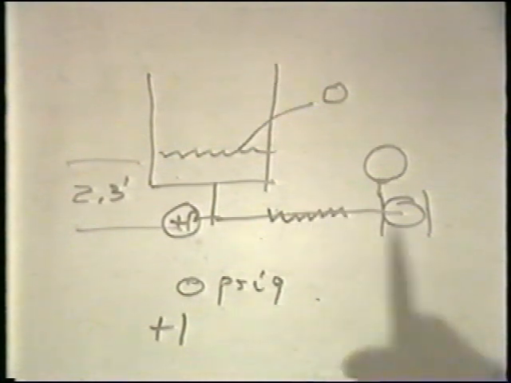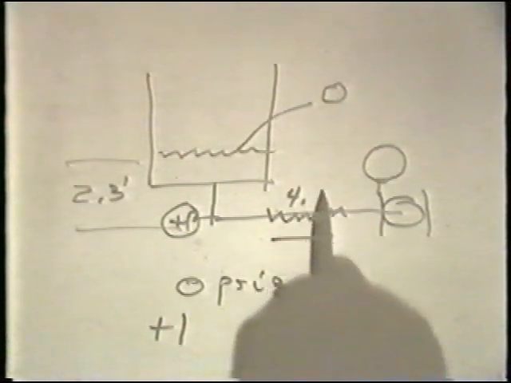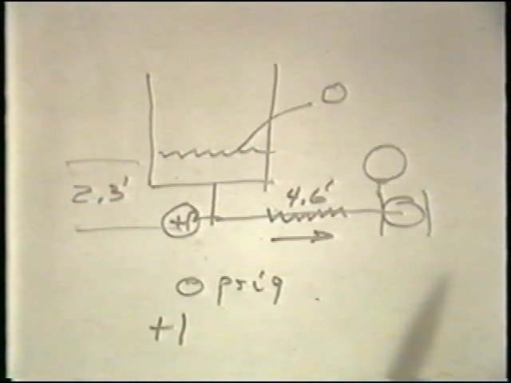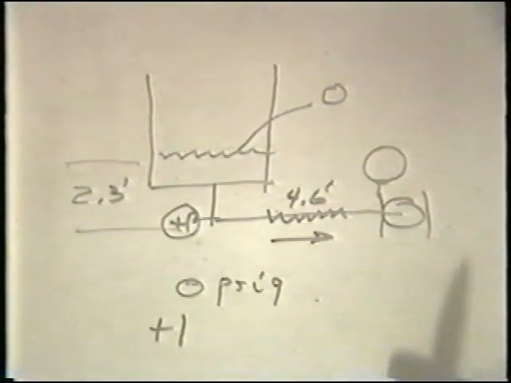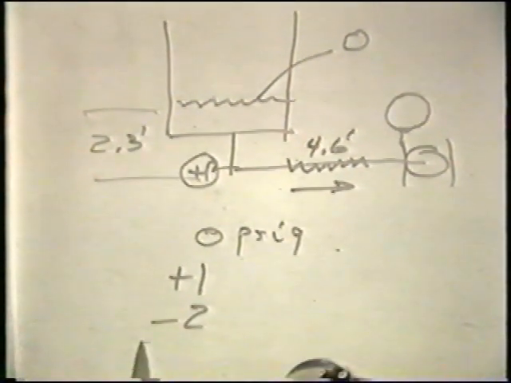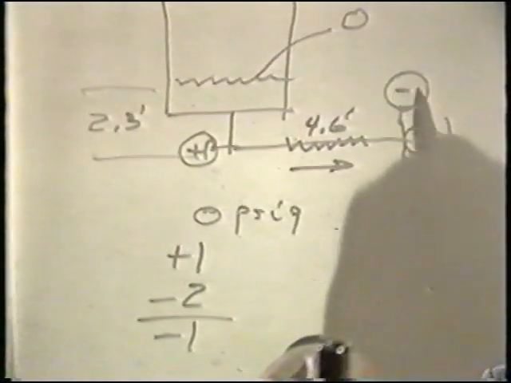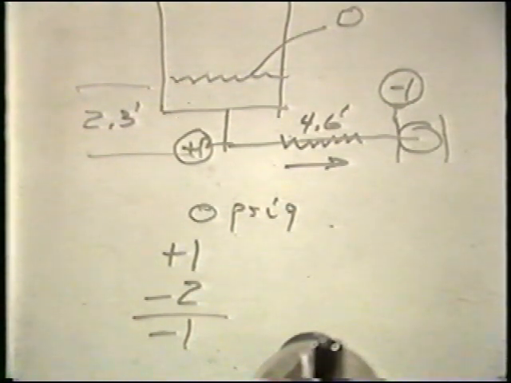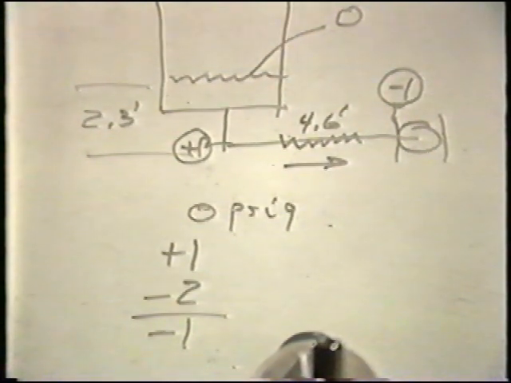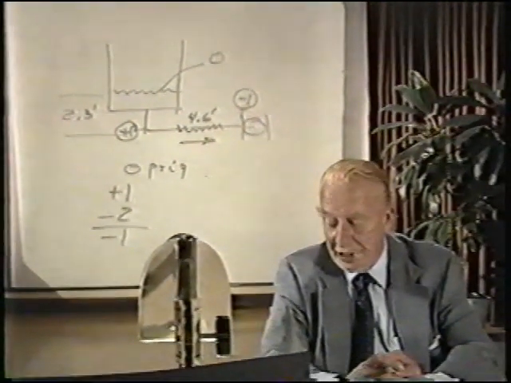Now, when the pump starts, we are going to have a flow pressure drop in the pump suction piping of 4.6 feet for this particular example. And that is going to register then as a negative 2 psi. So we will finally wind up then with a pressure available at the pump suction flange of a negative 1. Now, you may wonder as to why we don't take into account velocity head differences in that pump suction flange.